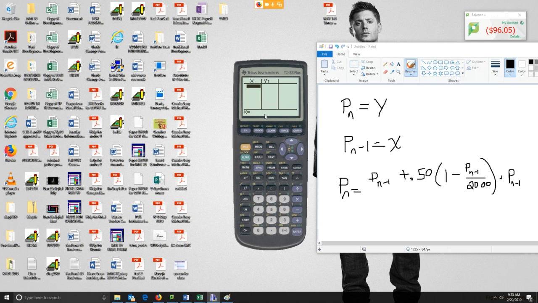Okay, so the first x value I want is 200, because 200 is the original population, and when I put 200 in for x, y will tell me what the population is during the first year. So 290, which is exactly what we thought.